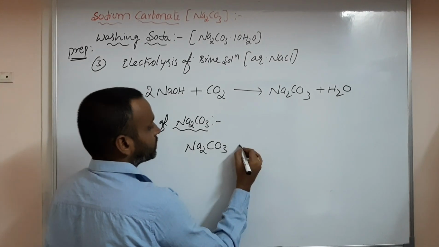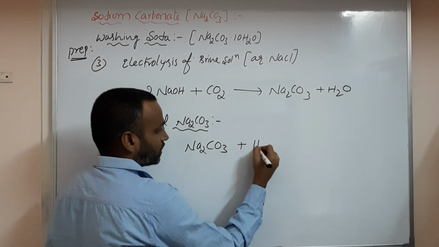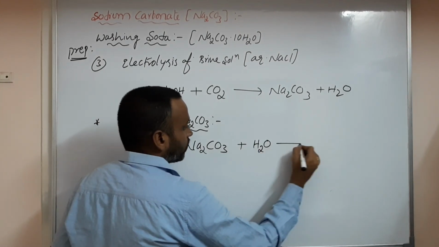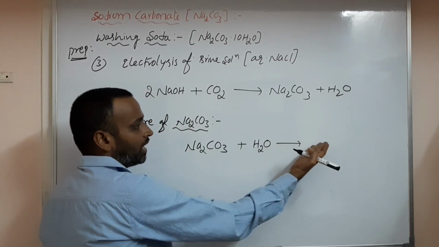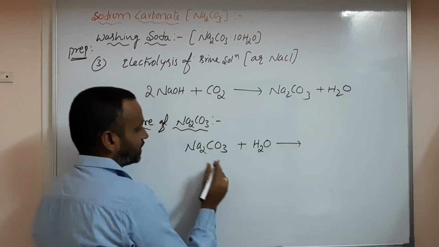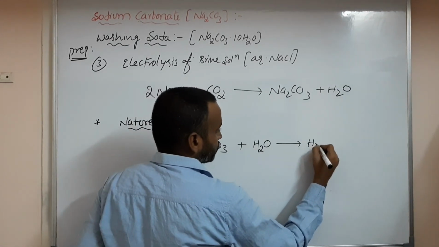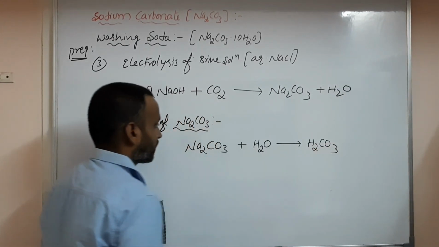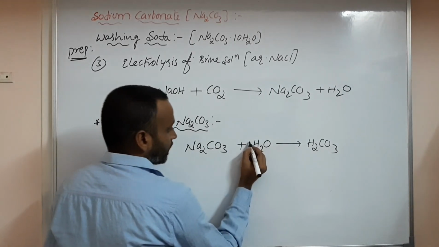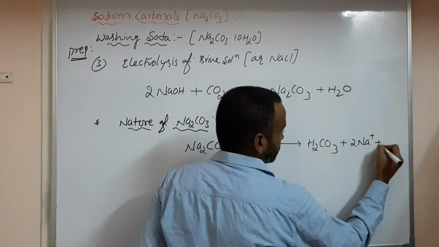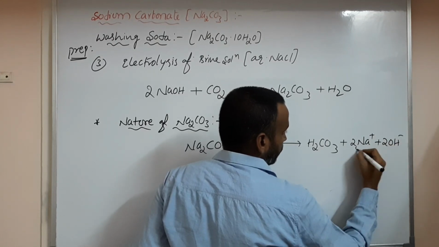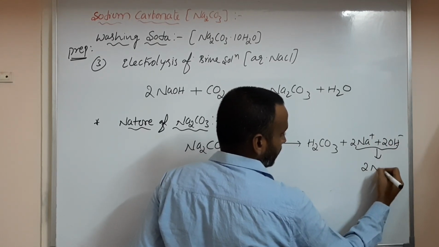How are you saying that, sir? Suppose Na2CO3 is dissolved in water. As it is a salt, it forms an acid and a base. So it forms H2CO3 and 2Na+ plus 2OH-, which combined is called sodium hydroxide.